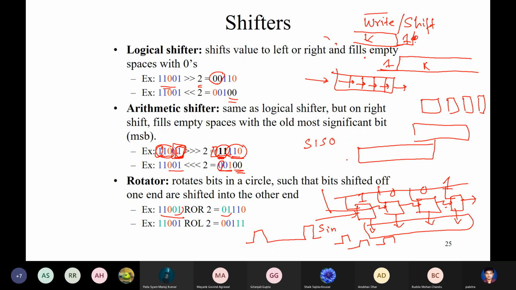Also, it not only depends on what type of flip-flop you are using, it also depends on what kind of shifting you want to do. If you want to logically shift, then the logic for this write shift line would be something. If you want to do a rotation, for example, it would be something else. These designs I am not doing because they are simple, in the sense all of them will just use an AND and a NOT gate, nothing else.